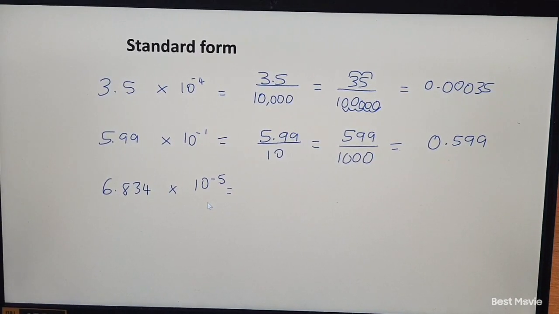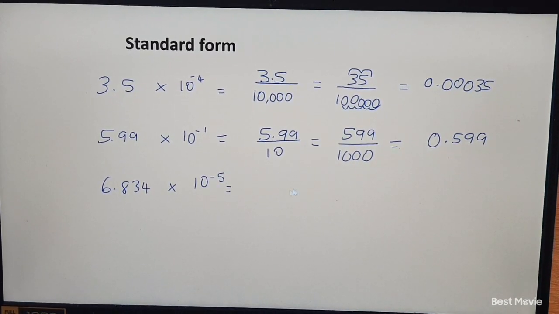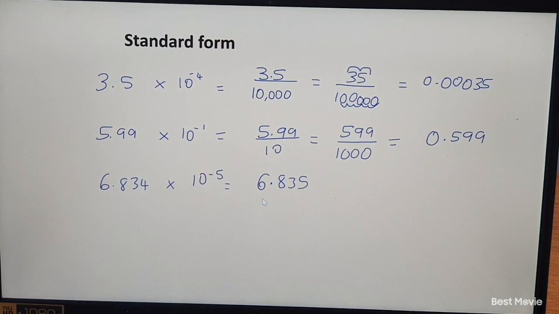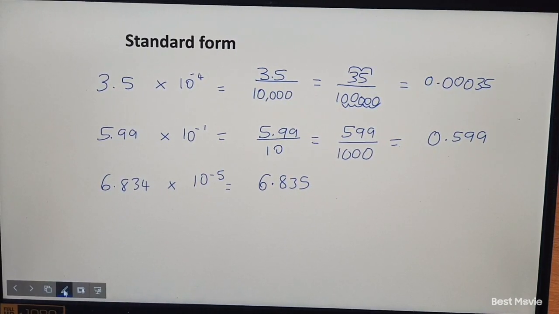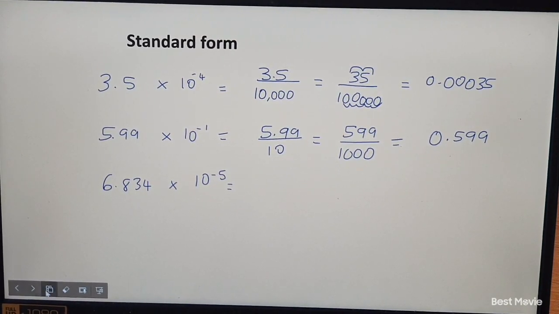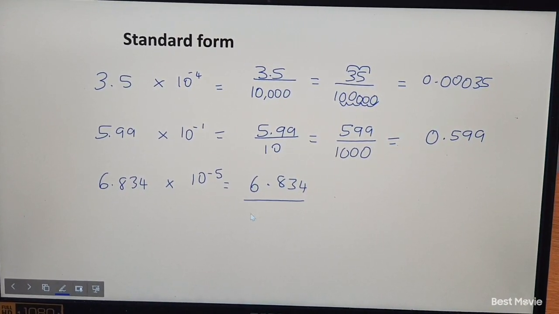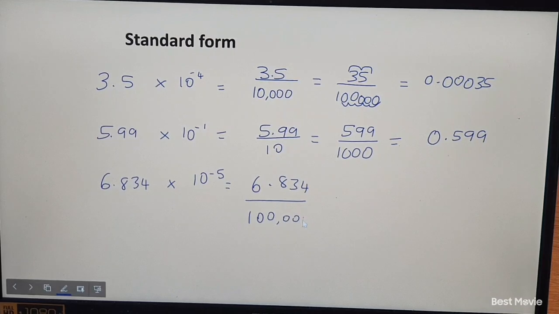Okay. And then the last one, 10 to the power of minus 5 is 1 over 100,000. So this would be 6.834 over 100,000.